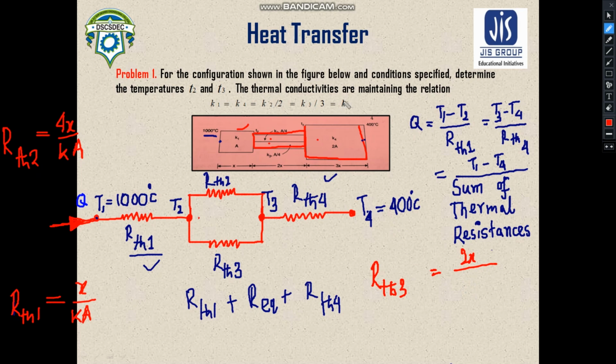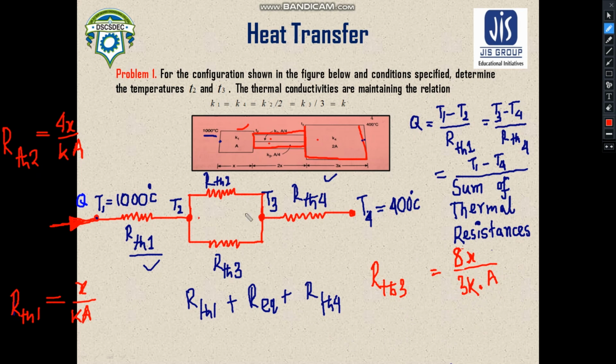Now see the relationship between K3 and K. K3 by 3 is equal to K. That means K3 will be simply 3K. And what is the area here? It is A by 4. So we can write 4 into 2 here. That means it will be 8.